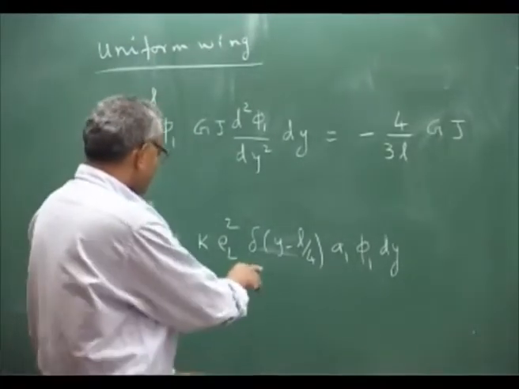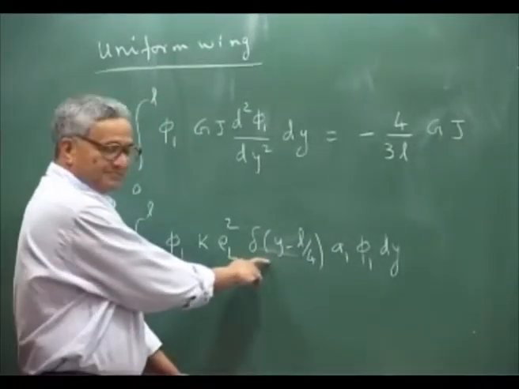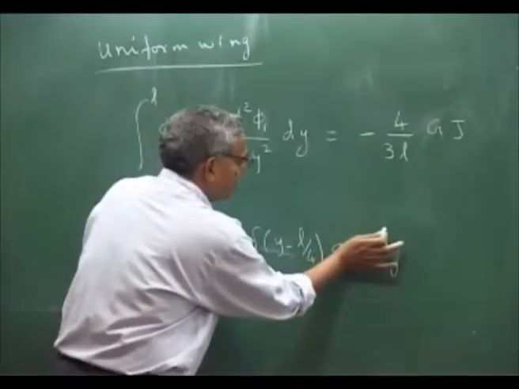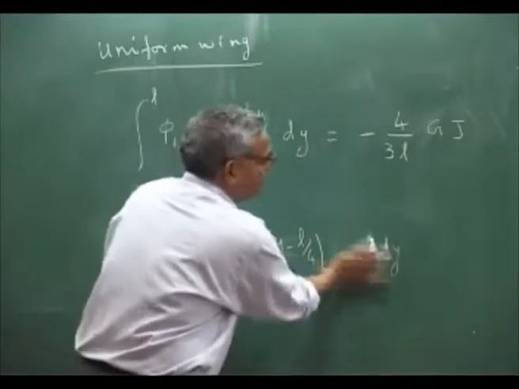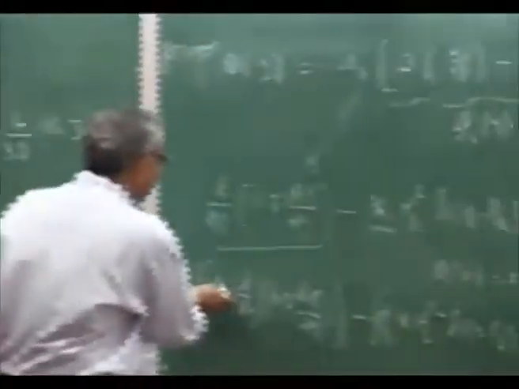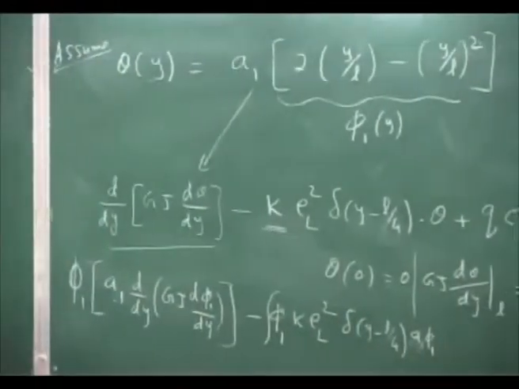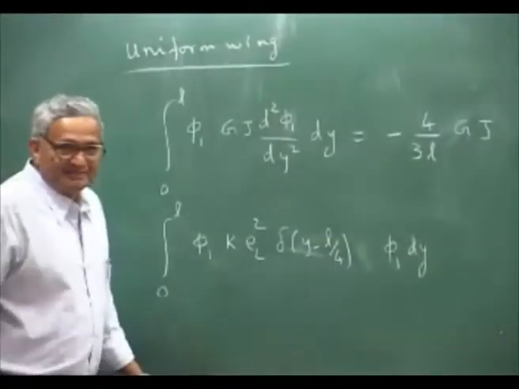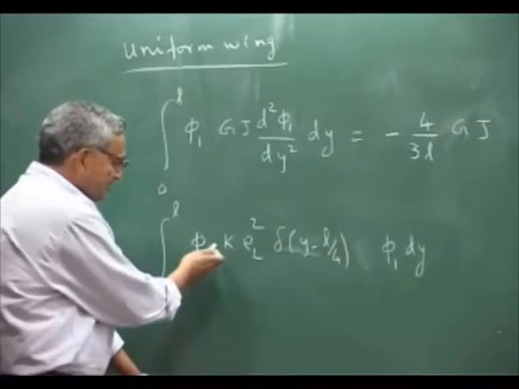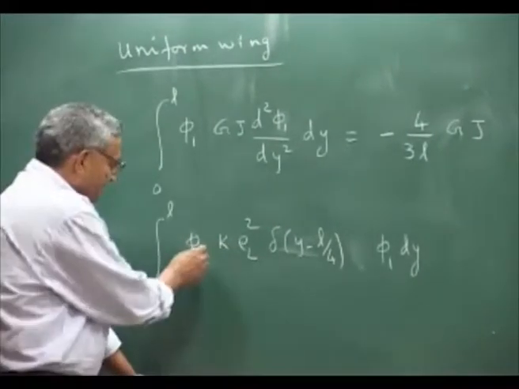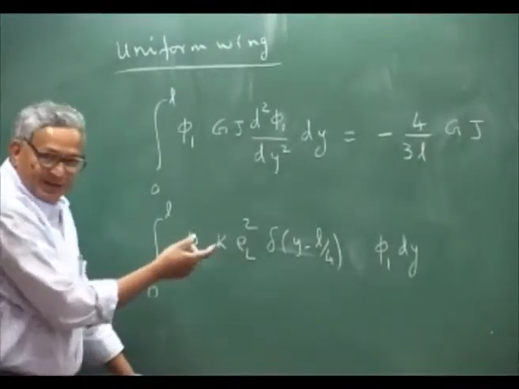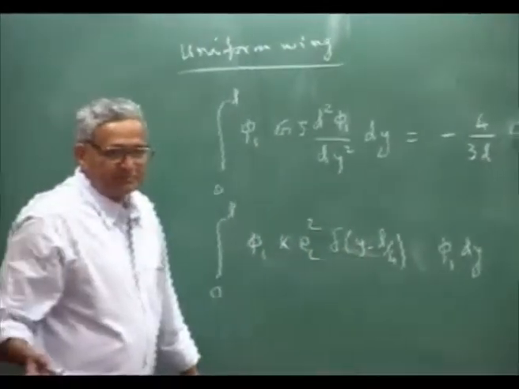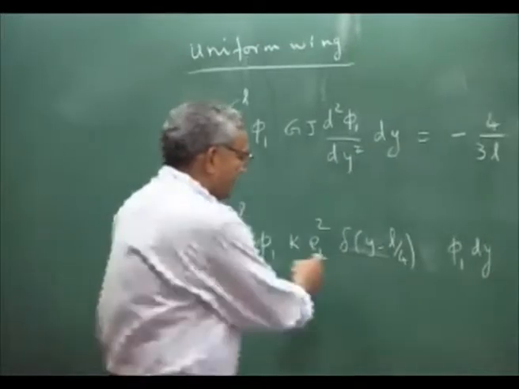Now here you know that because this is a delta function, a1 is a constant, I don't have to write it in this integral, okay, leave it, because a1 I am taking everywhere, that is a common constant, it will come out. So if I evaluate this integral, this is nothing but the value of the function phi1 square at L by 4.